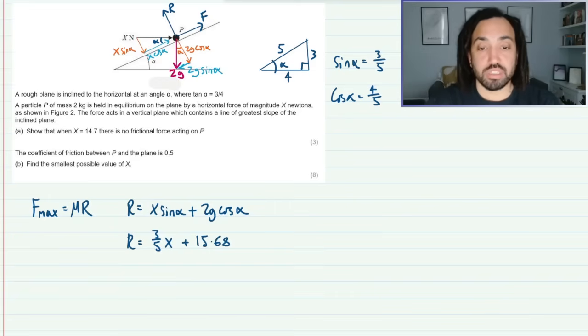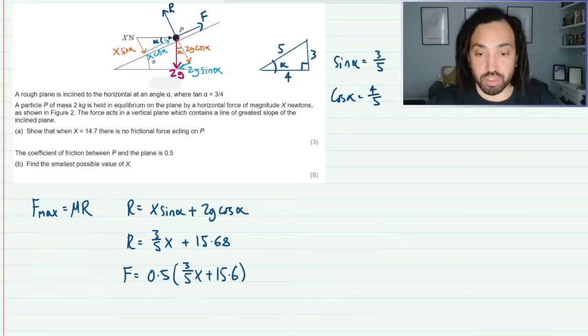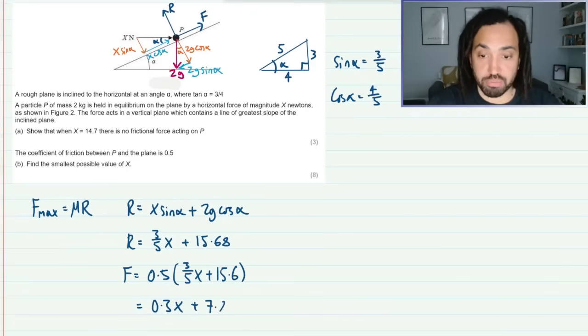Okay. So using this formula for friction then, friction is equal to mu, which is 0.5, multiplied by R, which is this, like so. And this gives me, that's 0.6 times a half, so 0.3X plus 7.84.